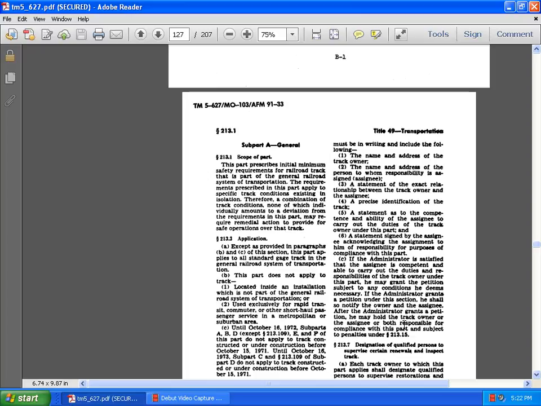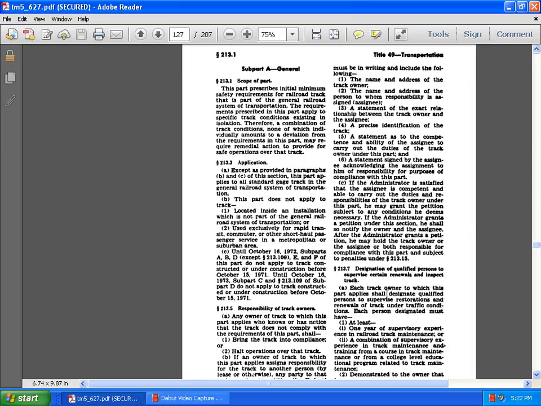Until 1972, Subparts A, B, and D, and except for 213.109, E and F, of the part do not apply to track constructed under construction before October 15, 1971. Until October 1973, Subpart C and 213.109 of Subpart D do not apply to track constructed under construction before October 15, 1971.